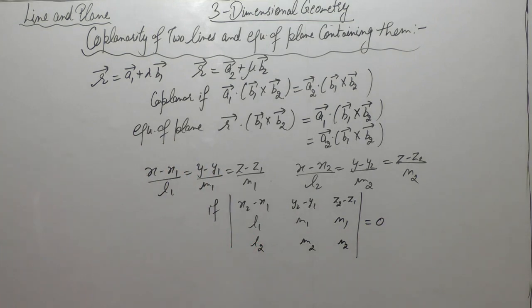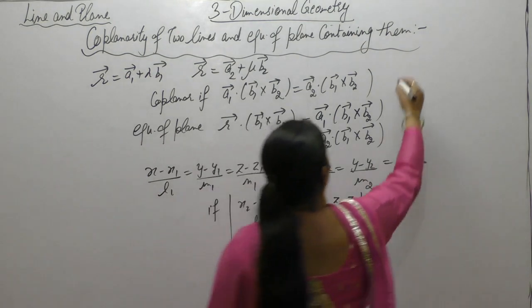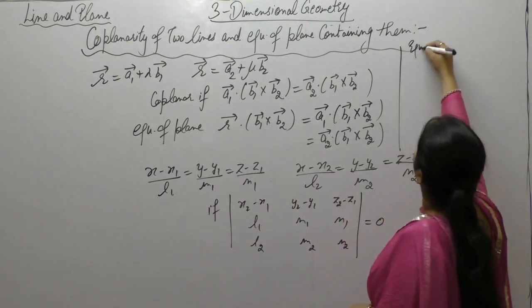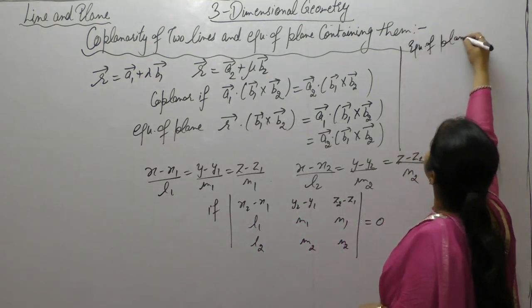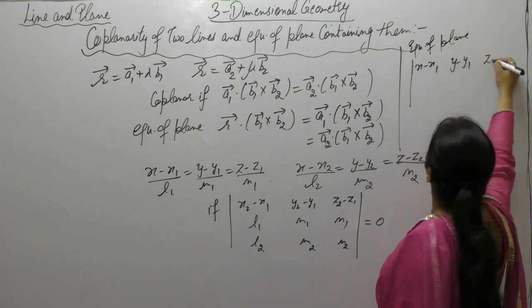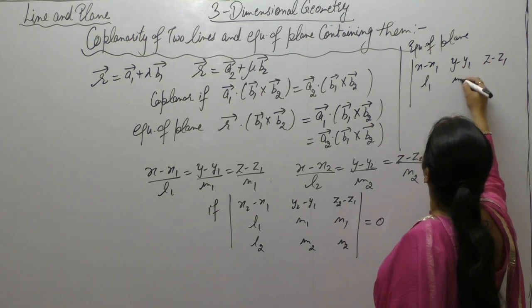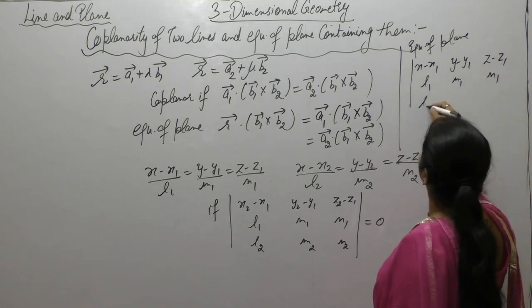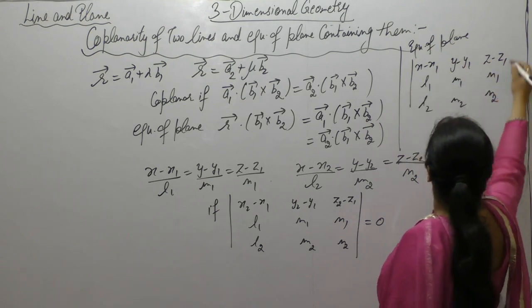And the equation of the plane containing these lines will be the determinant of x minus x1, y minus y1, z minus z1, L1, M1, N1, L2, M2, N2.